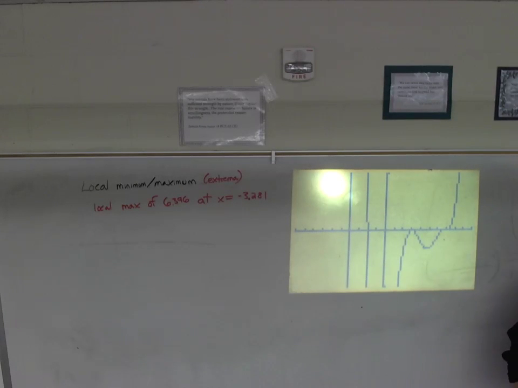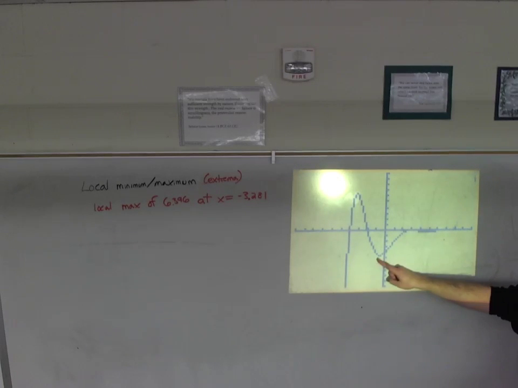So what does the word local mean? Here's what it means. It means in some local neighborhood. Does that make sense? So like this guy, is this the all-time minimum for the entire function, the entire picture? No. Of course not. If we go back to our standard window, there's no way that's the all-time minimum for the function, is it?